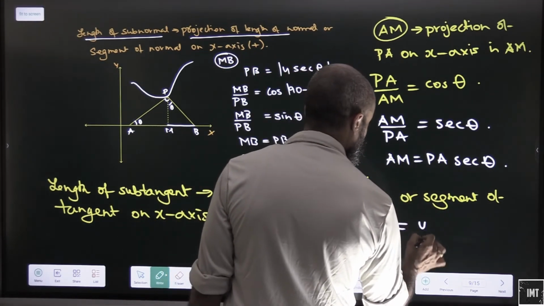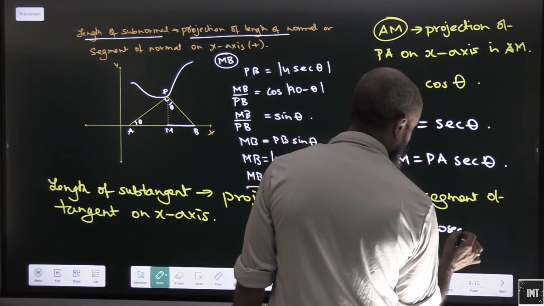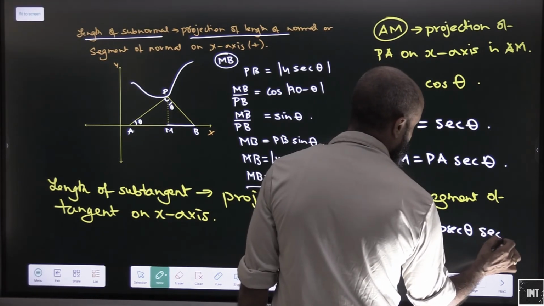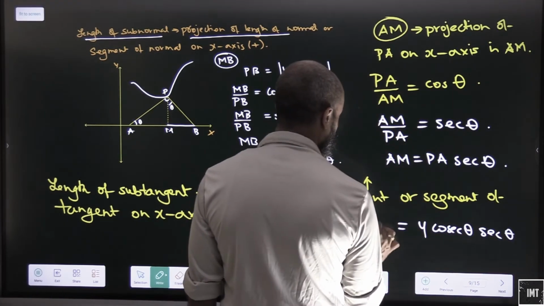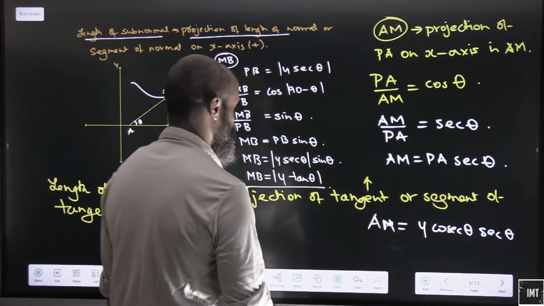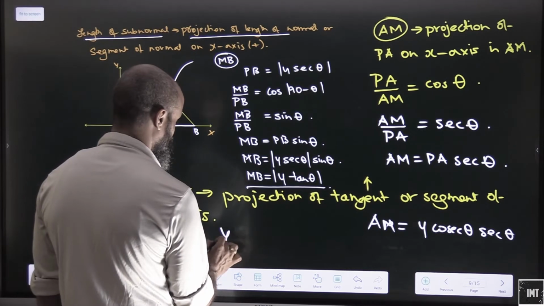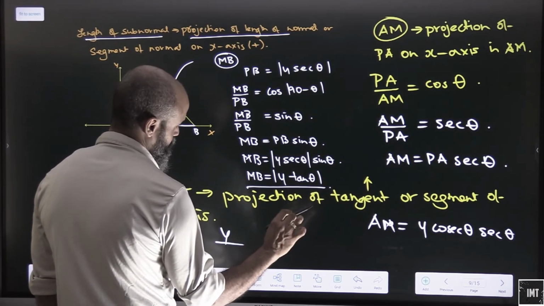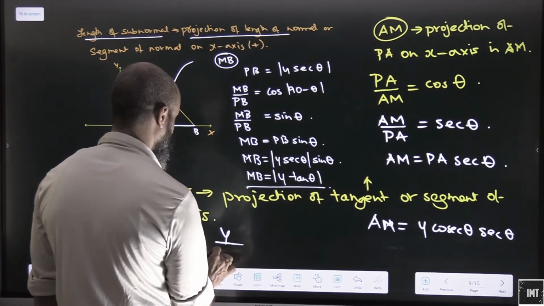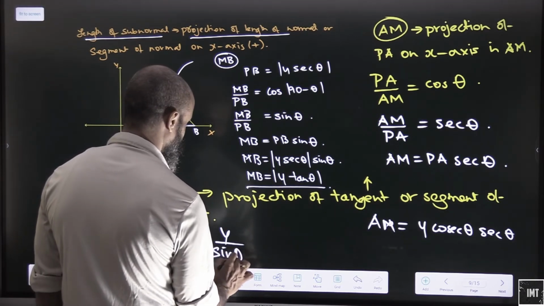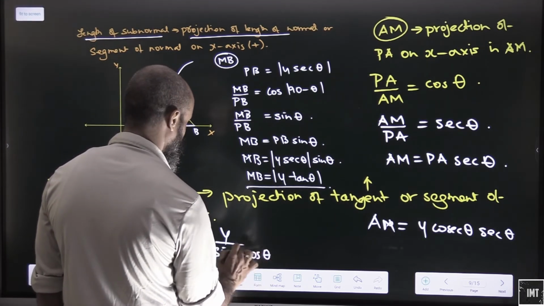So PA is y cosec theta, and AM will be y cosec theta into sec theta. That's going to be y by sin theta cos theta.